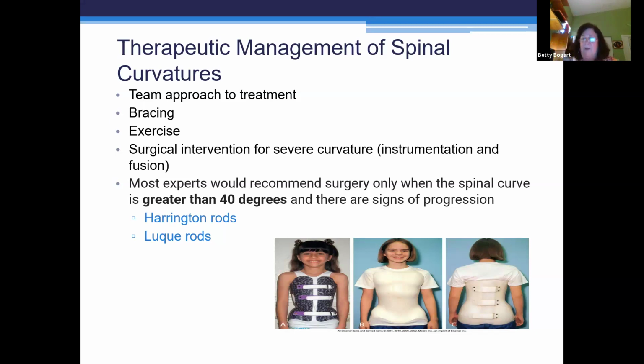They put a rod in the back and attach it to the spine and try to straighten it. Now, is it going to be perfect? No, but it will be a lot better than what it was. So put a brace on them, and they're given exercises to strengthen their abdominal and back muscles so that we can keep that straight.